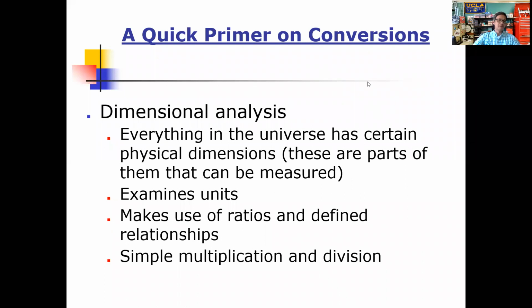Dimensional analysis is basically an analysis of all the physical quantities in the universe. Everything in the universe has certain aspects about it that occupy a certain dimension in space. For example, everything in the universe has a length, and we can break up the parts of the universe into three basic parts.